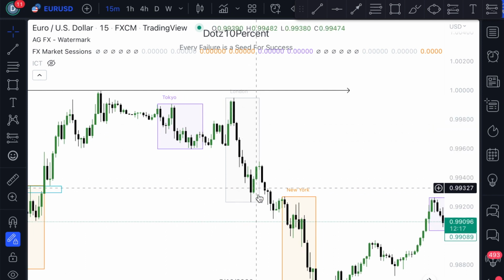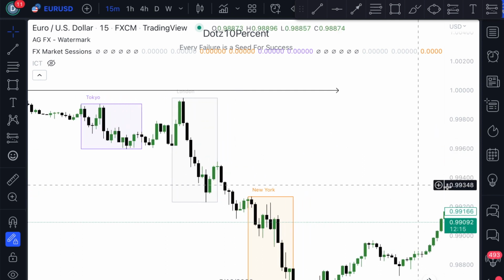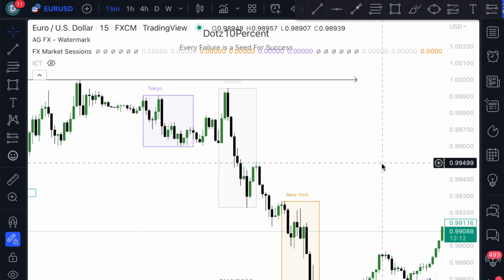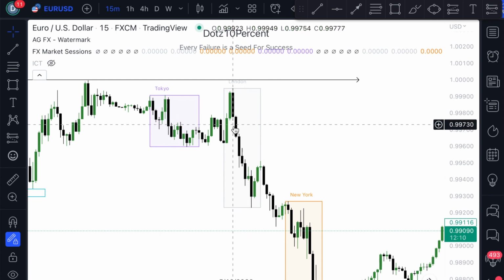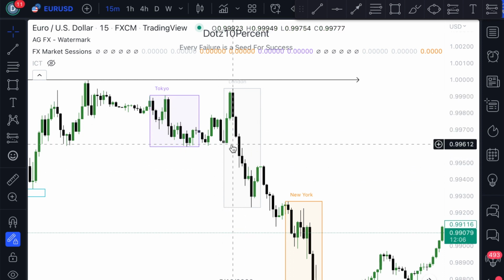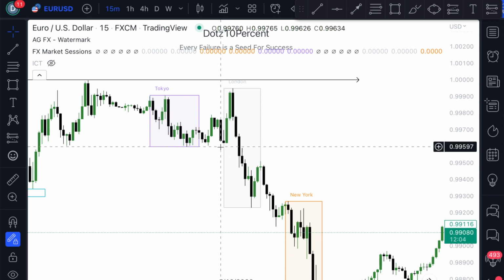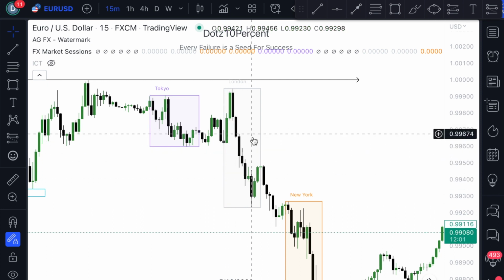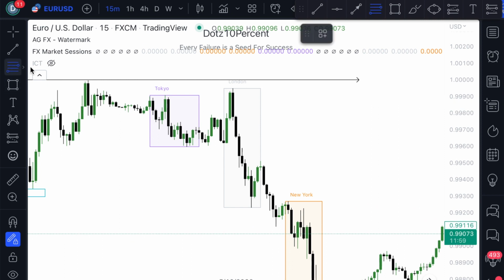But this displacement downwards, remember, I've mentioned displacement many times now, shows me price is very clearly bearish. So when this market structure shift takes place, when we take this low out, I expect a retracement. So what happens? This is the range that forms.